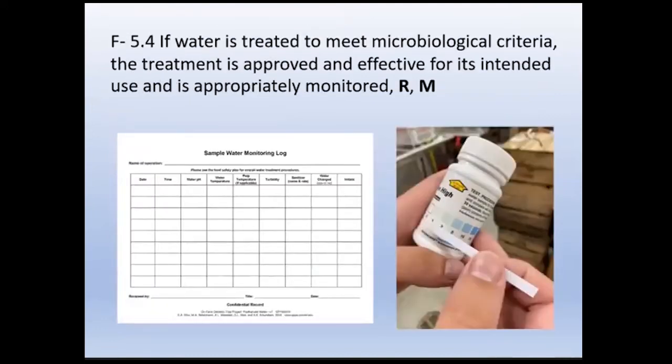Moving on to F5.4, if water is treated to meet microbiological criteria, all right, and a lot of people do, the treatment is approved and effective for its intended use and is appropriately monitored. So here we have record required, and this is mandatory. And I've taken a moment with this slide to show you we do have sample water monitoring logs.